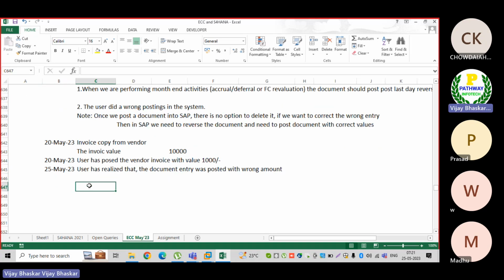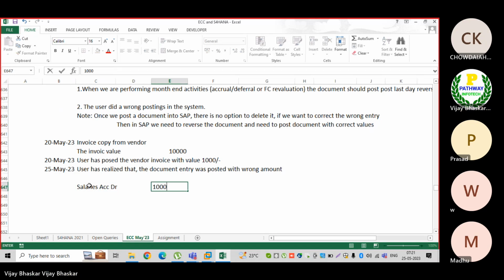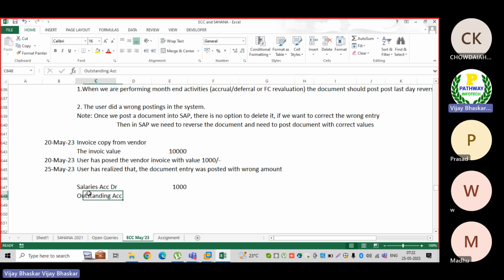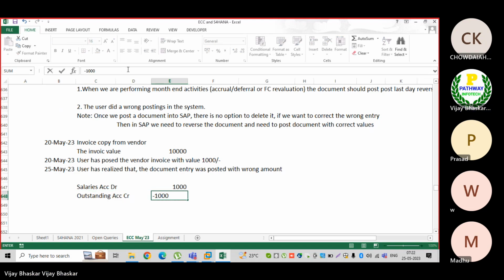Now let us assume the salaries account is debited, let us assume 1,000 rupees, and the outstanding account is credited here.